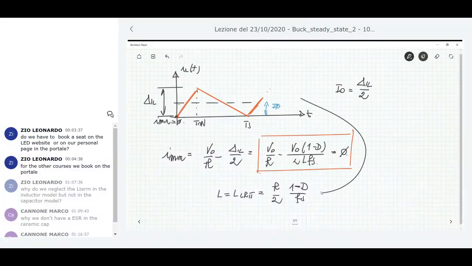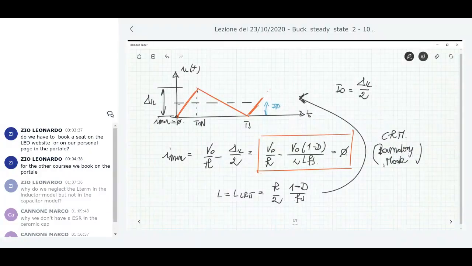So the situation is called the critical conduction mode, the situation between continuous conduction mode and discontinuous conduction. This is also called boundary mode.